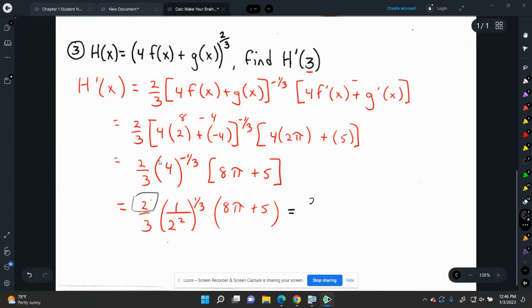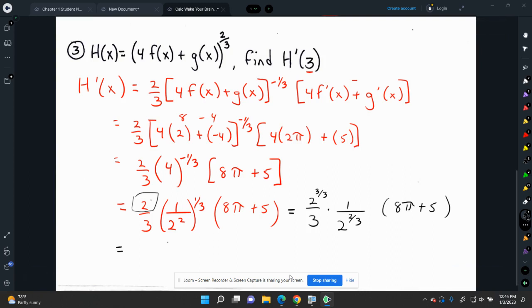Right, so I'm going to have 2/3 times 1/2 to the 2/3 times 8 pi plus 5, right? So this is 2 to the 3/3. So yeah, actually we should be able to simplify this.